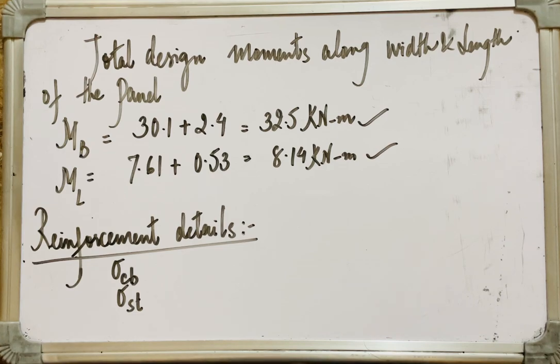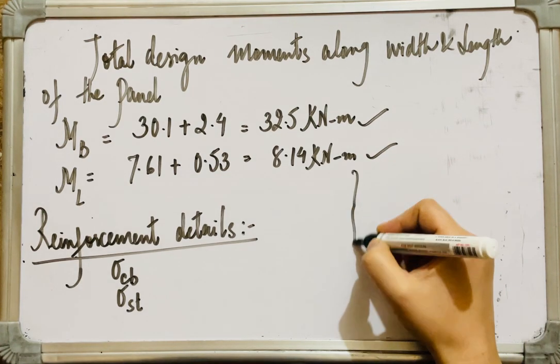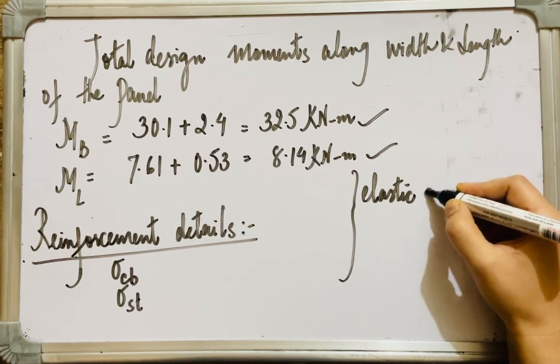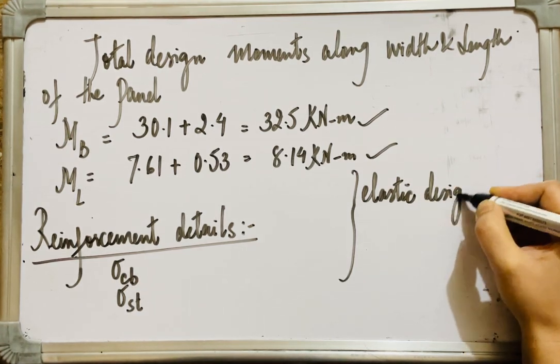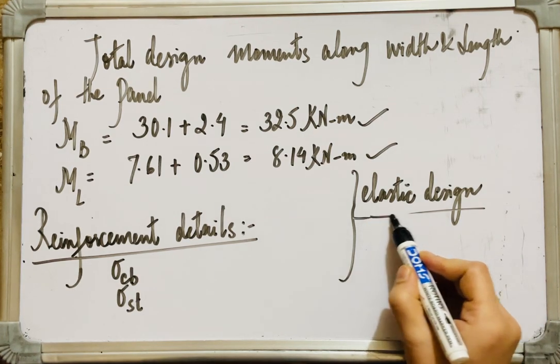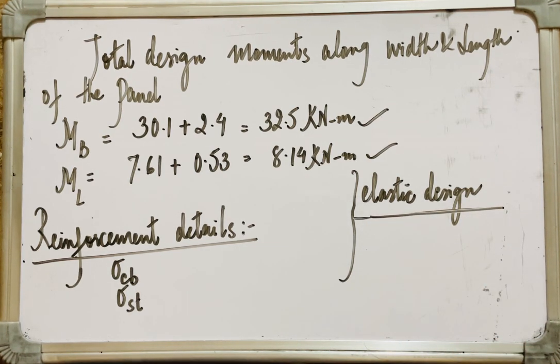Now what are these elastic design coefficients? Currently, only elastic design is used in bridge engineering. We can also look at it by the limit state method, but for this example, I am taking the working stress method into consideration.